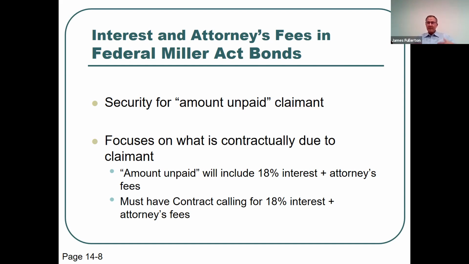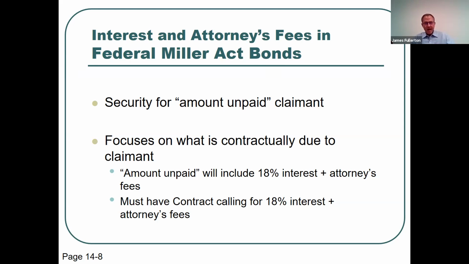If you've got a good contract or a credit agreement that calls for interest and attorney's fees, you can make the bonding company pay. If you do not, to jump ahead to the next seminar about contract rights, if the debtor has not agreed in a written contract to pay your legal fees, there's no way to make the debtor pay your legal fees.